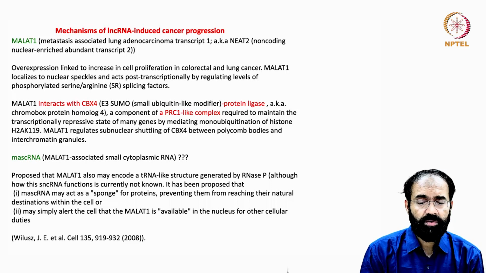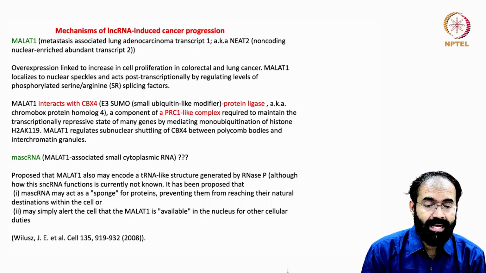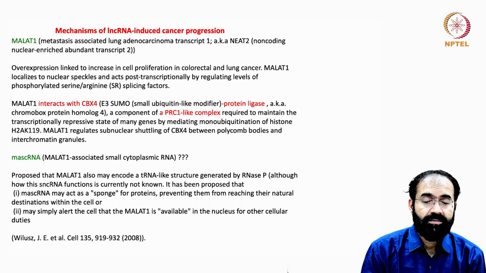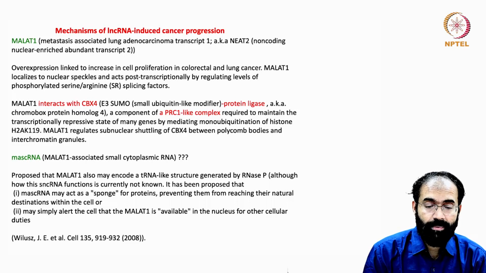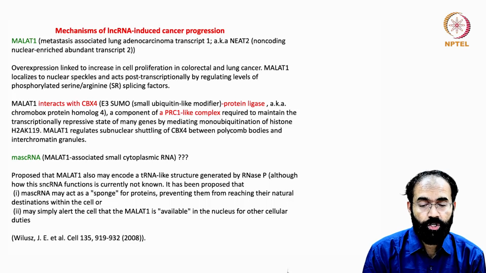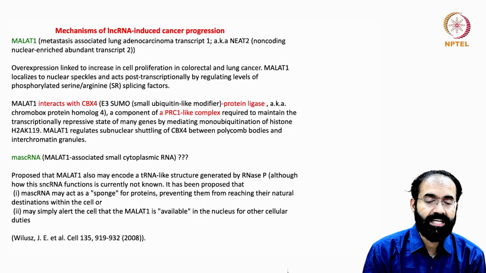So CBX4 is a SUMO protein ligase, also known as chromobox protein homolog 4, which is a component of a PRC1-like complex, not the actual PRC1, that is required to maintain the transcriptionally repressive state in many genes by mediating the monoubiquitination of histone H2A lysine 119, H2AK119.